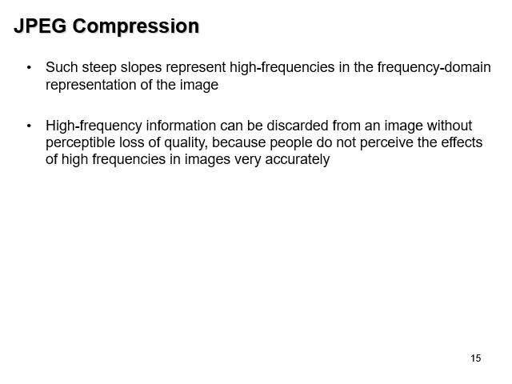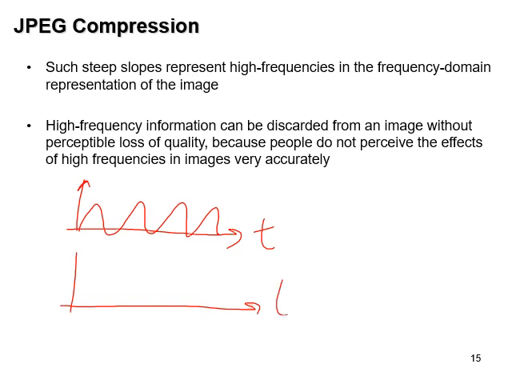So let's have some examples. Forget about images for now. Let's say you have a signal. This is time, and this is some signal that looks like this. This is a sine wave. Now, this could be another sine wave that has a higher frequency.